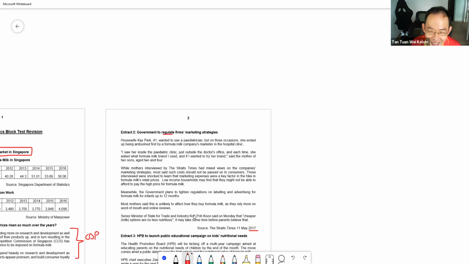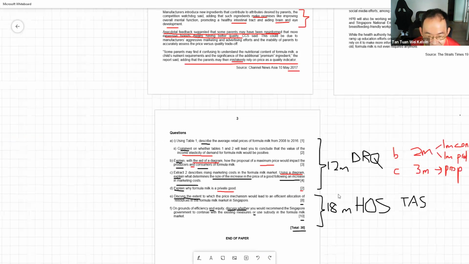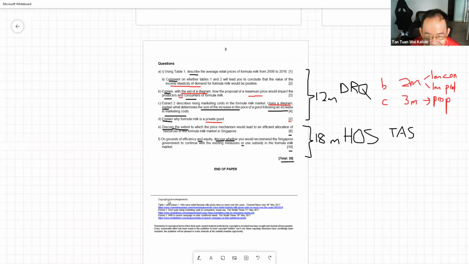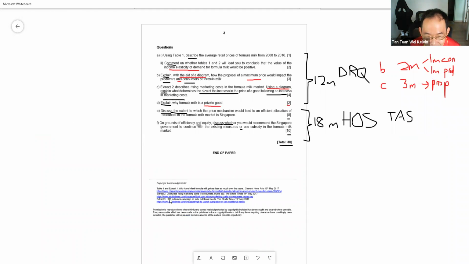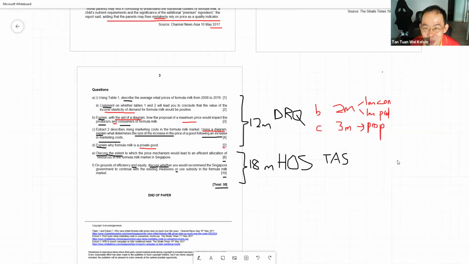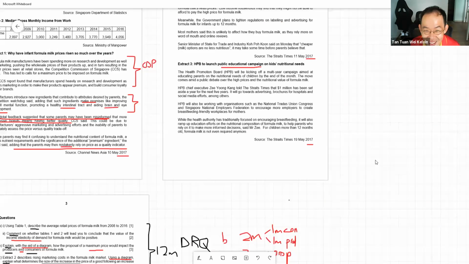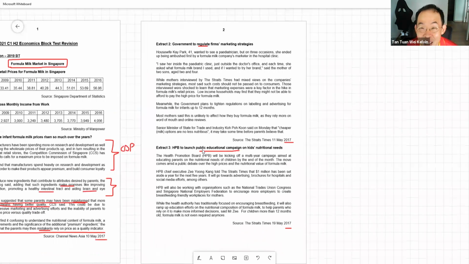And not only that, look at extract 3. Do you see the word public educational campaign? If you go back to the source of extract 3, I believe this was the title: HPV to launch campaign on kids' educational needs. So we are kind enough in J1 to put the word public education.